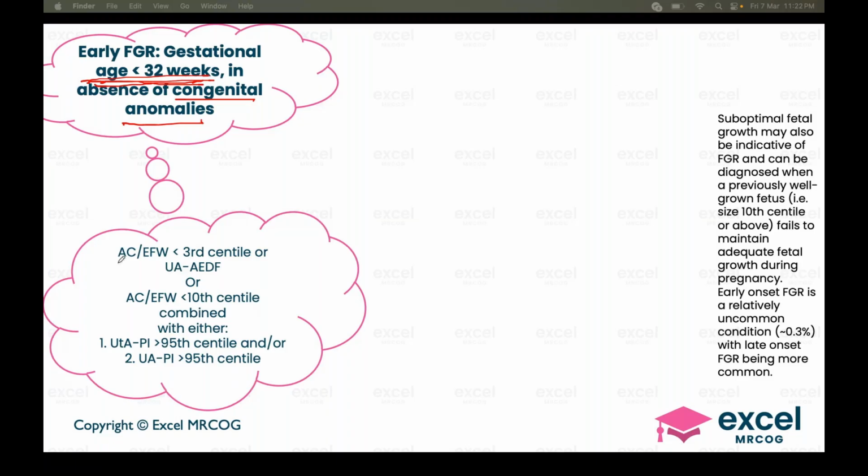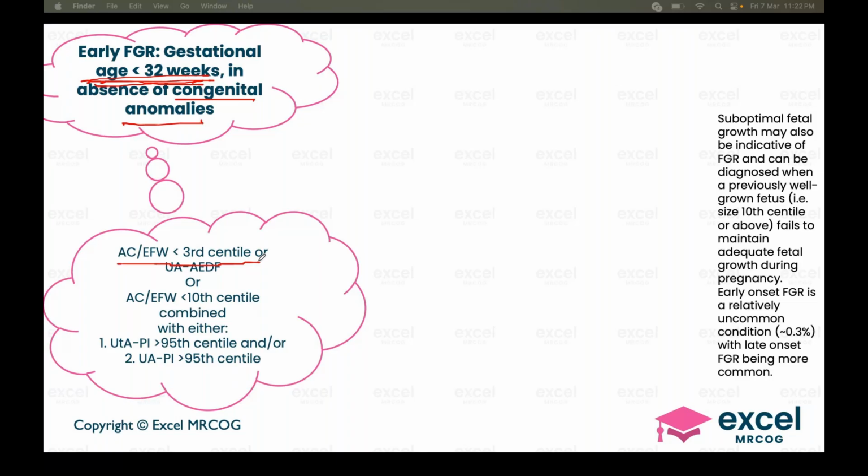AC or EFW is less than third centile, or there is absent end diastolic flow in the umbilical artery, or AC or EFW is less than the 10th centile with, like we saw previously, uterine artery PI more than 95th centile and or umbilical artery PI more than 95th centile.